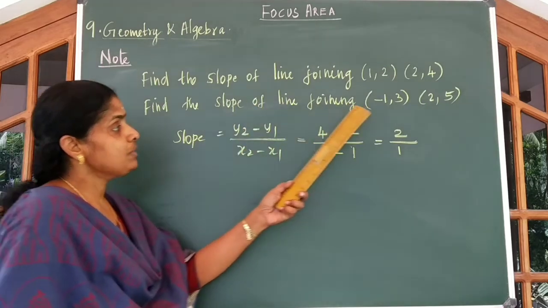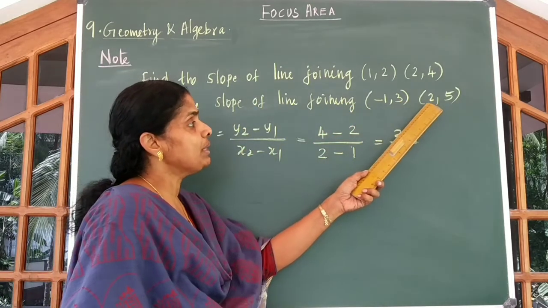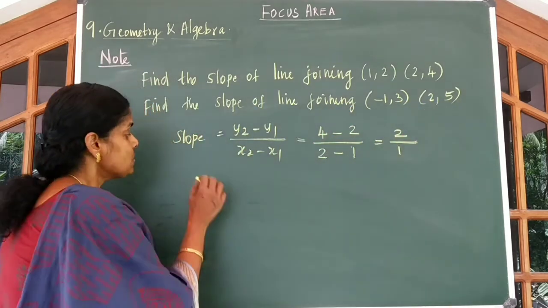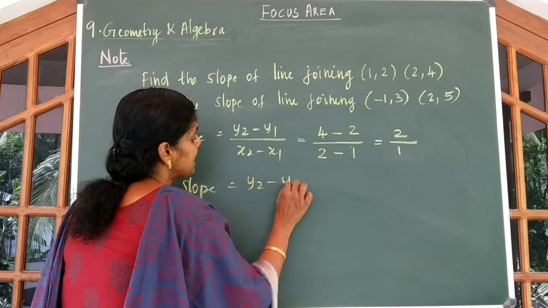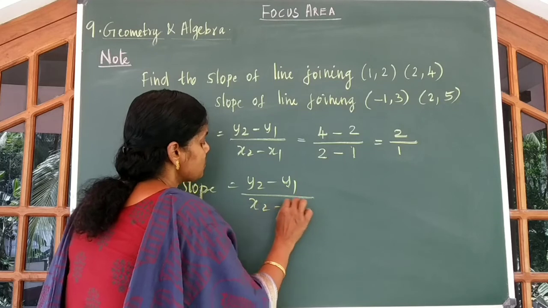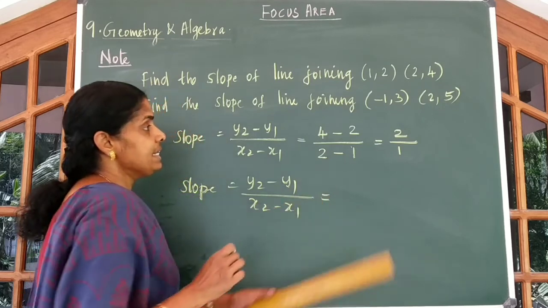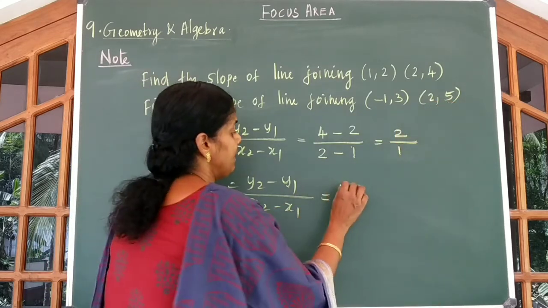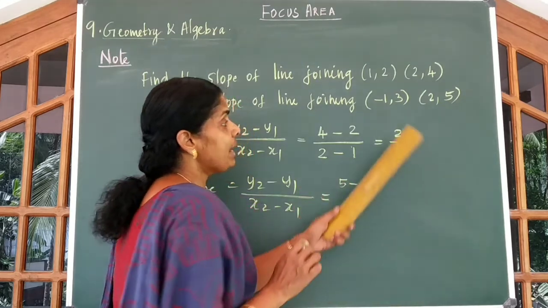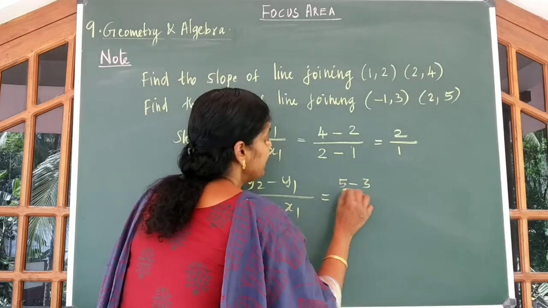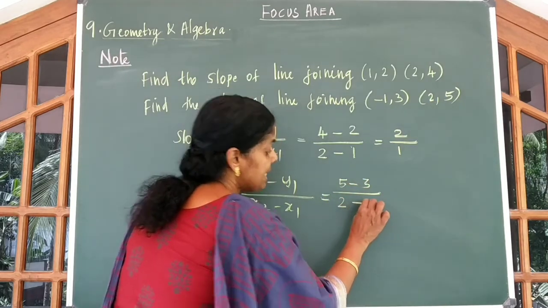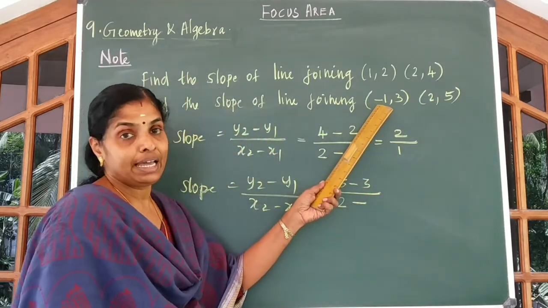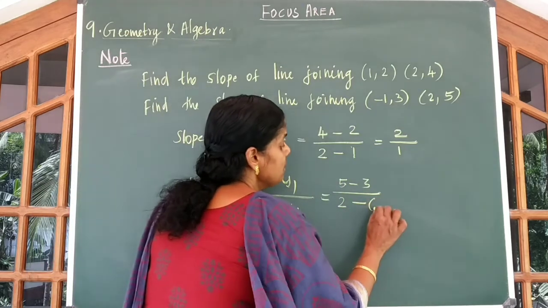Slope of the line joining (-1, 3) and (2, 5). So we can write slope is equal to (y2 minus y1) by (x2 minus x1). That is y2 value 5 minus y1 value 3, divided by x2 value 2 minus x1 value -1.